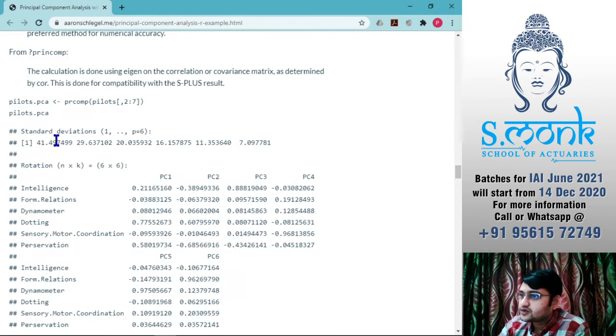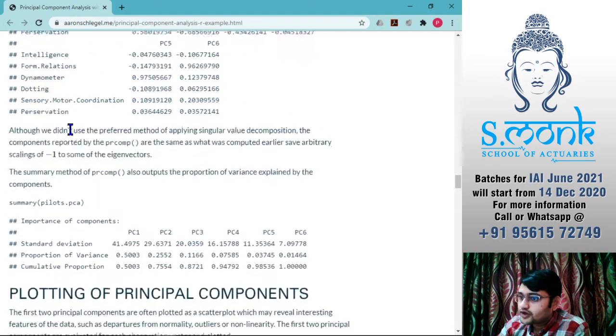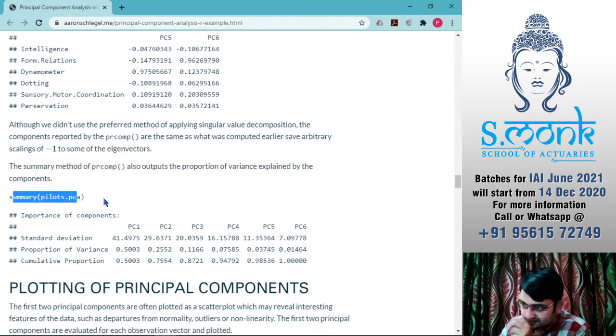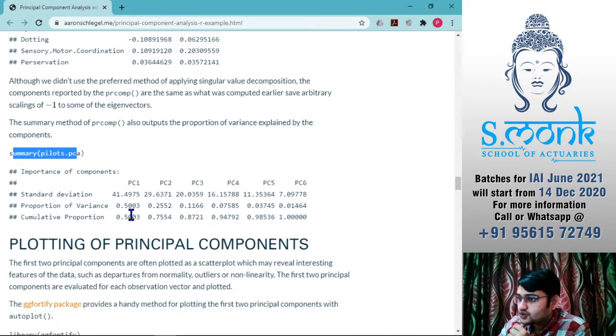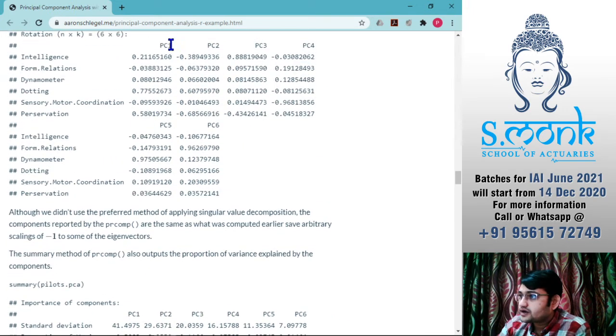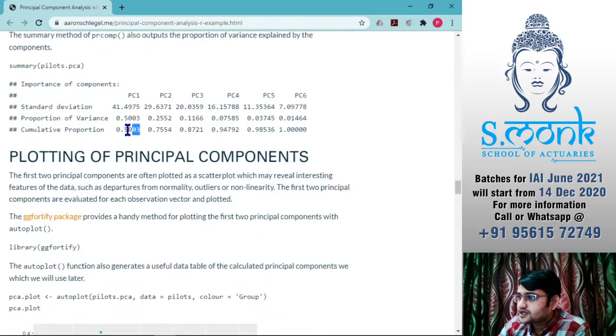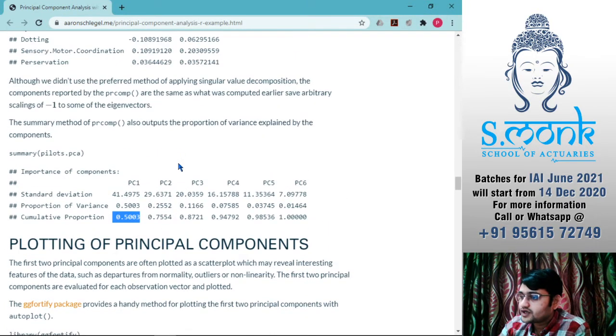So after calculating your prcomp, what you will do is take the summary of this particular data. Now this tells you the proportion of variance and cumulative proportion. Your first component is representing 50% of the data.